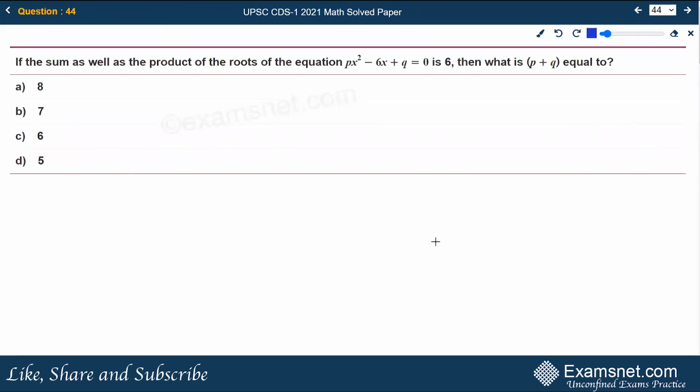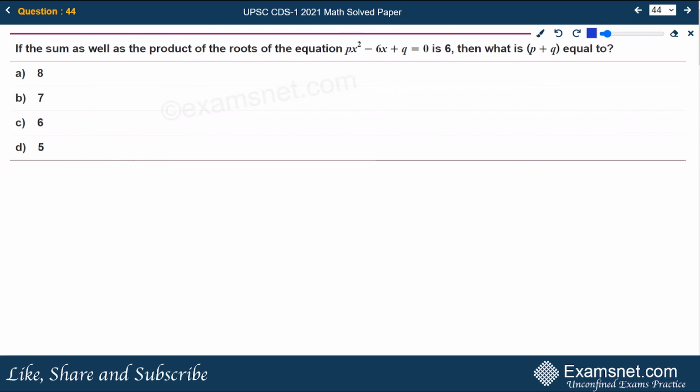In question number 44, we are given: if the sum as well as the product of the roots of the equation px square minus 6x plus q equals 0 is 6, then what is p plus q equal to? So let me first talk about the relationship between the product of the roots and the sum of the roots.